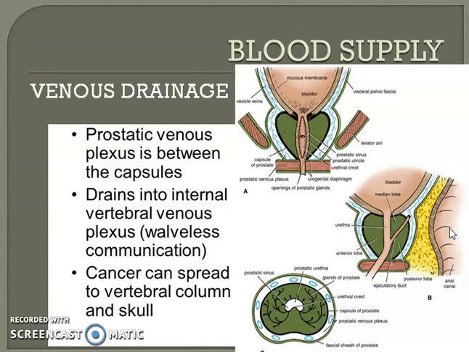So this system of venous drainage explains the route of vertebral deposition of metastasis in cancer of the prostate. As these plexuses are present between the true capsule and false capsule, one should remember this relation while removing the prostate during prostatectomy.